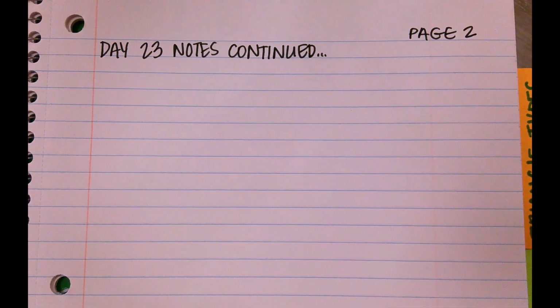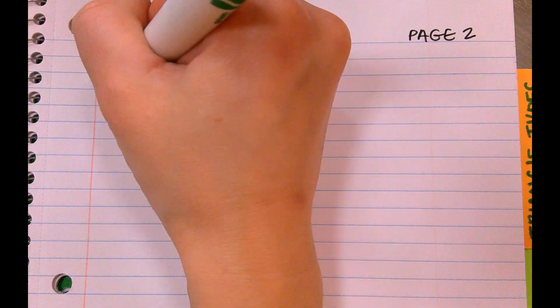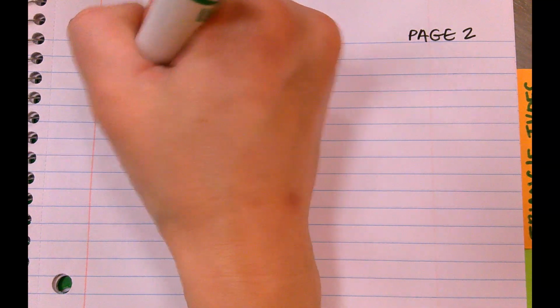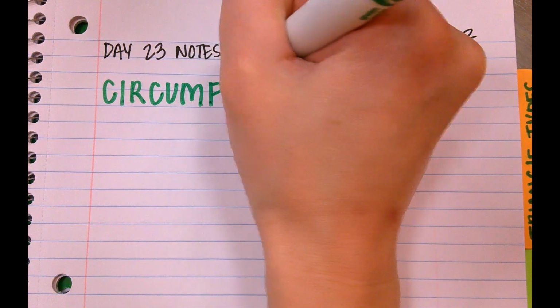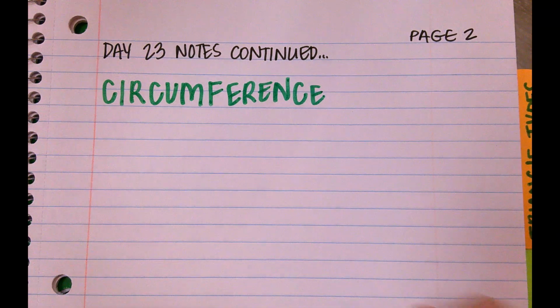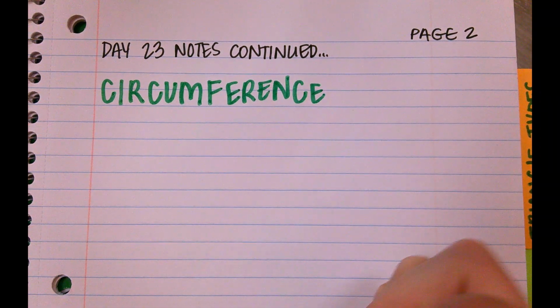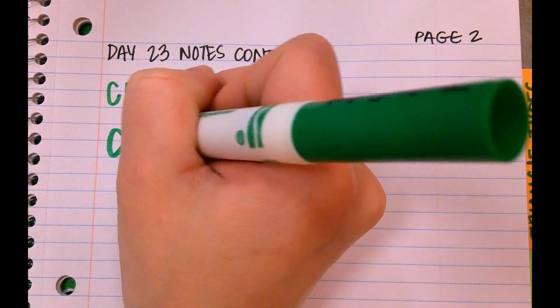Now let's talk about circumference. So circumference has 2 formulas, which is nice. We don't have to do as much math if you don't know one of the measurements. Let's write circumference, and we'll use a capital C for that.